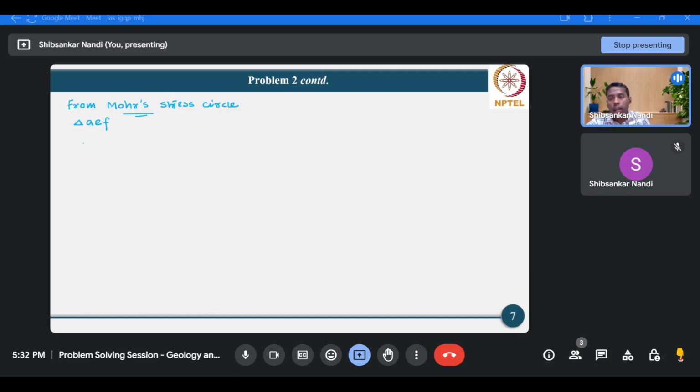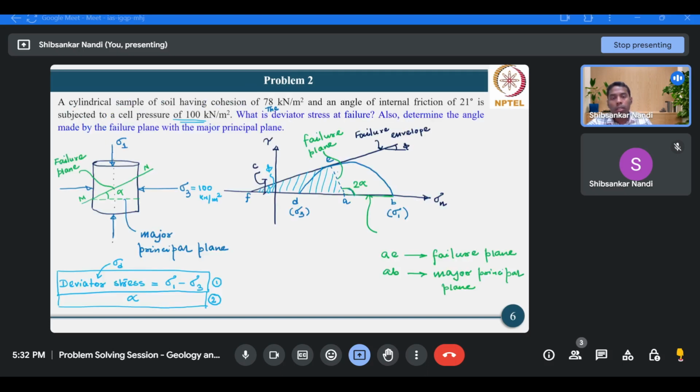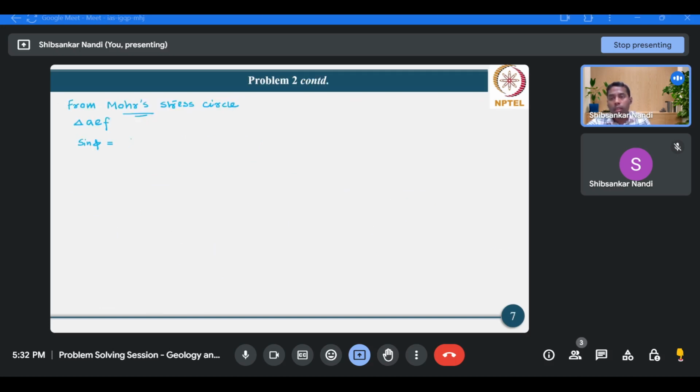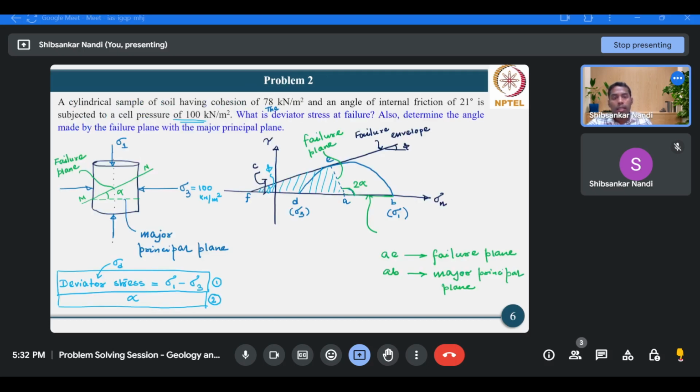So we can write sine phi equals AE upon AF. Now what is AE?